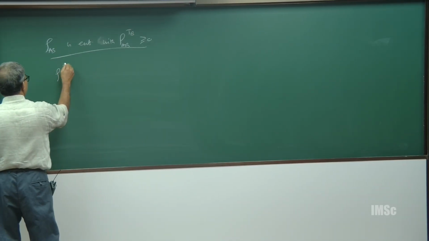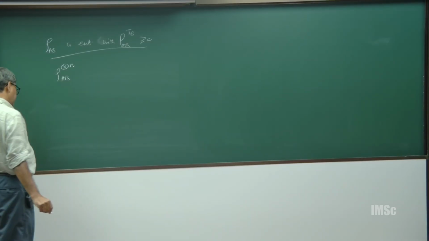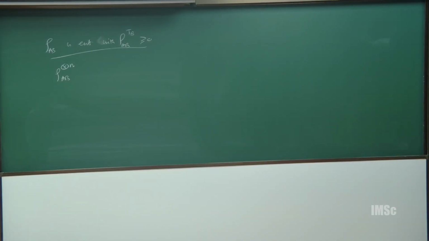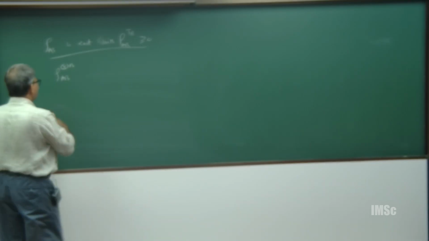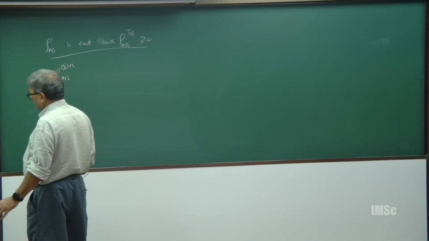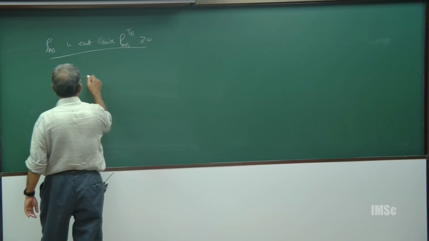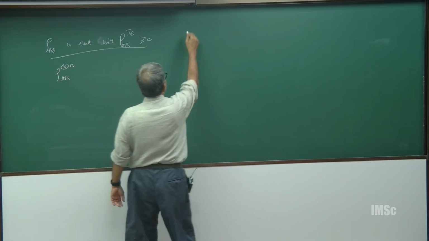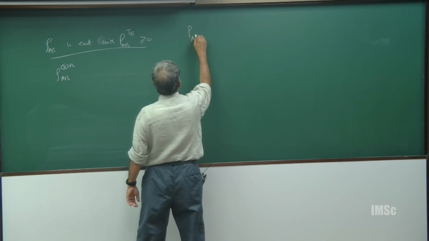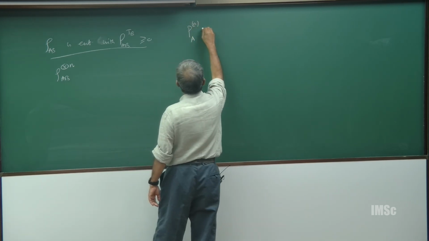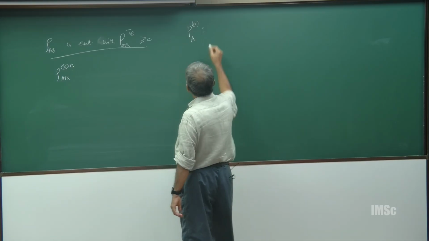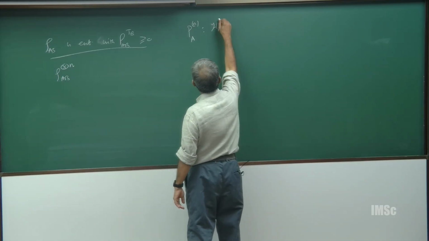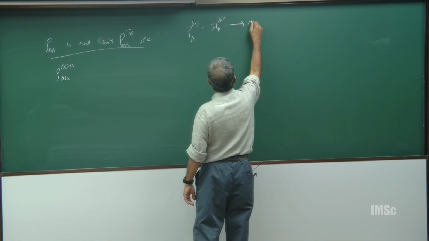I can take, let us say, n copies of this, a large number of copies, and then what I do is I project it. So, let us take this projection P A n, which is a projection from H A tensor n to C 2. Okay.